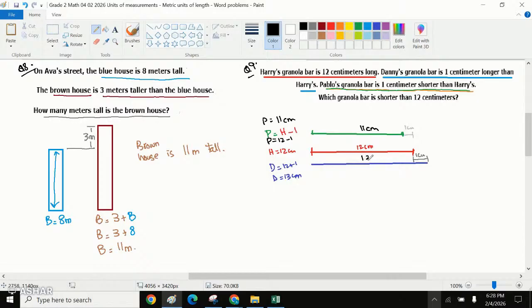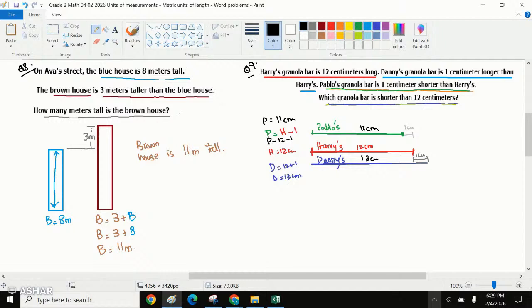This was 1 greater, so this becomes 13 centimeters. What they are asking in the question is which granola bar is shorter than 12 centimeters. Would it be Pablo's, Harry's, or Danny's? We know this was Pablo's, this was Harry's, and this was Danny's. So which one is shorter than 12 centimeters?